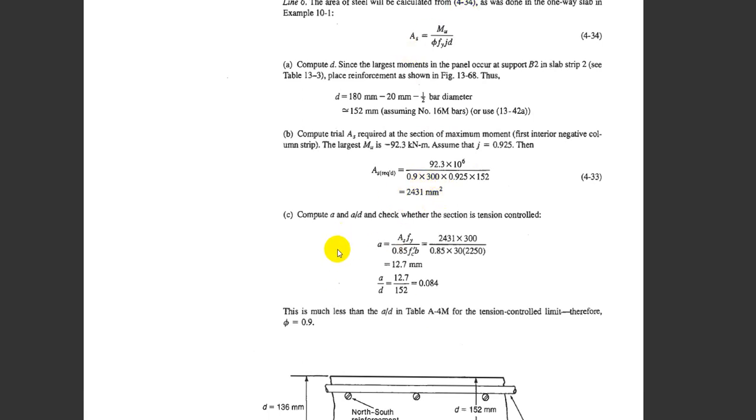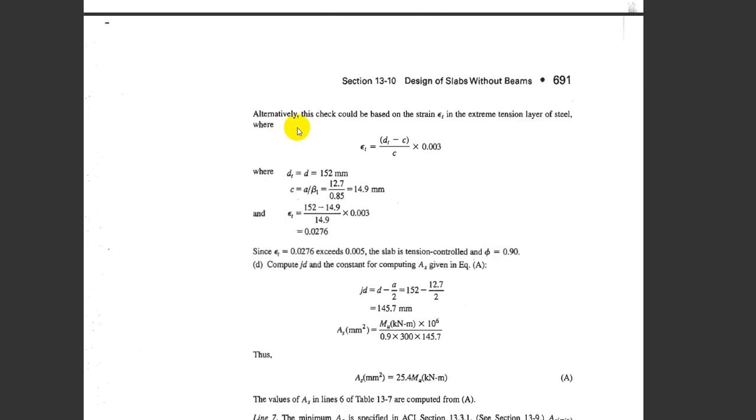And then we have to check the section is controlled by tension, and then we can use phi equals 0.9. Alternatively, we may check this way. We can calculate strain based on strain compatibility. We saw this in the column section, how to calculate strain based on strain compatibility, right?